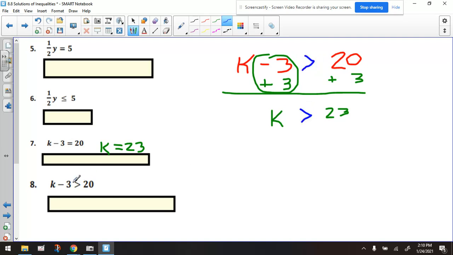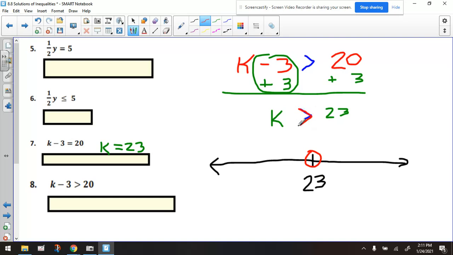Now, once you have inequalities, it's always a good idea to graph the inequality. I always like to put the number that they're talking about right here in the middle of my number line. And since we don't have the little equal sign underneath, it's going to be an open circle because 23 is not included in the set. And again, I like to think of this as an arrow tip pointing in the direction that you need to shade.